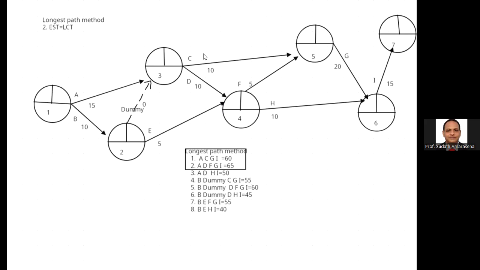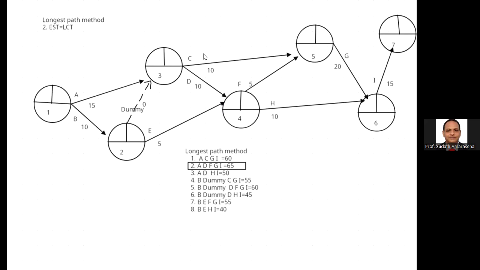Compare all, you can see the highest one is 65 via A, D, F, G, I. That's one of the ways we can find the critical path. After you identify the critical path, the total duration represents the entire project completion time.